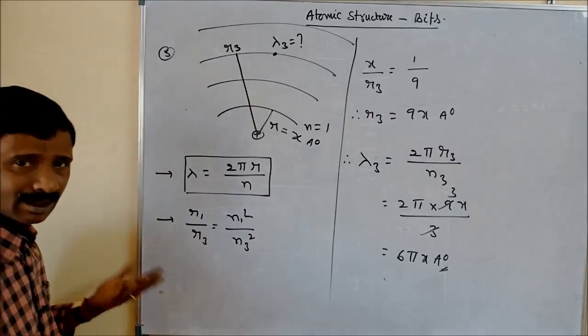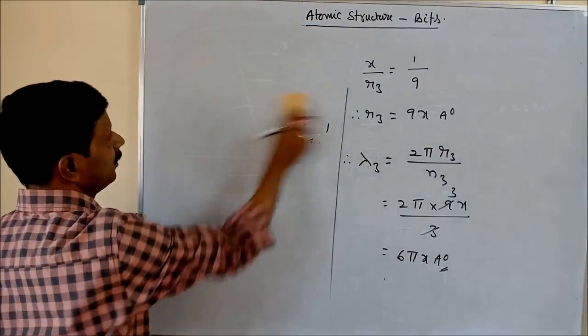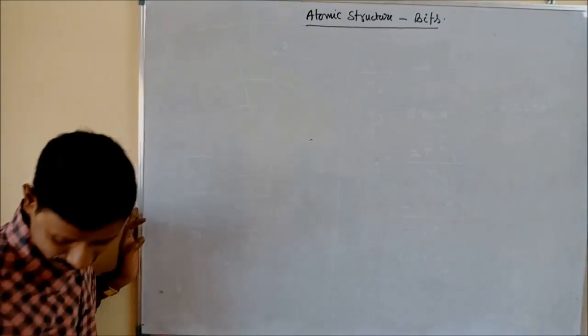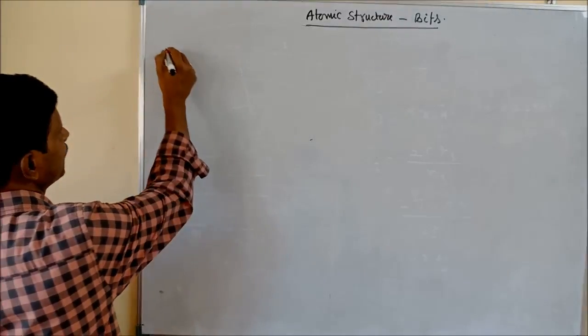And next, related to the quantum numbers, if you observe, here they have given 4 sets.